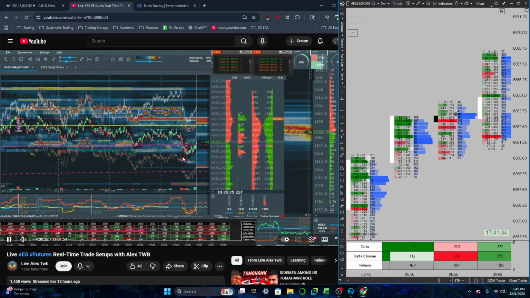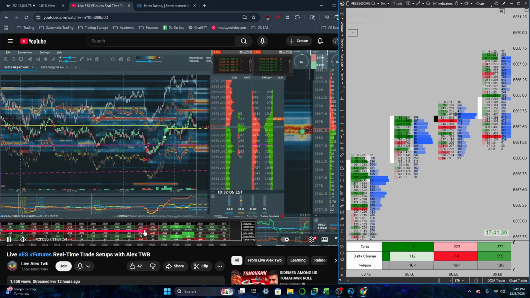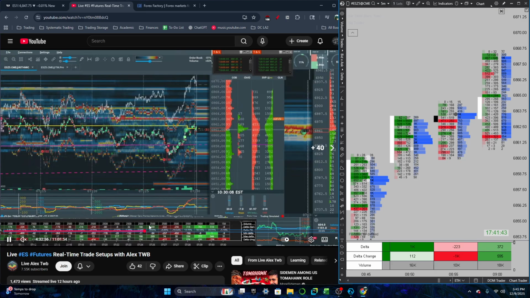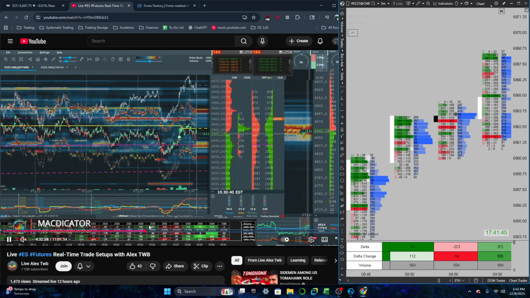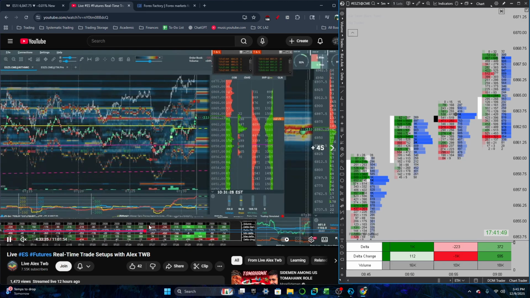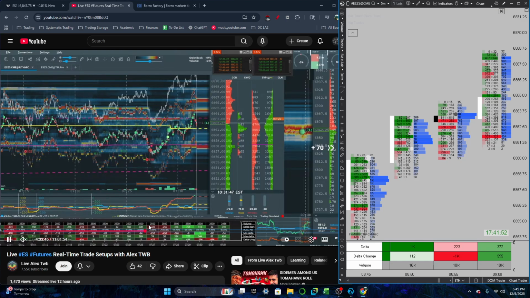Then we saw big selling come in. Spread is still fluctuating a lot. Big buying entered in there. Very big buying. We start pushing up higher.